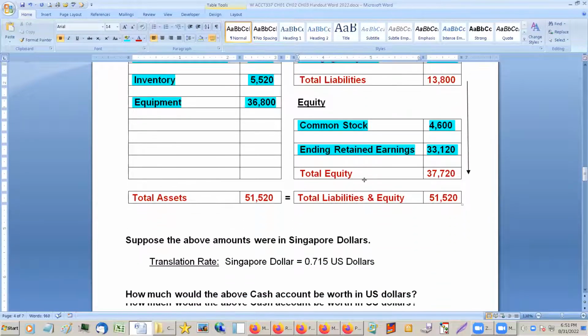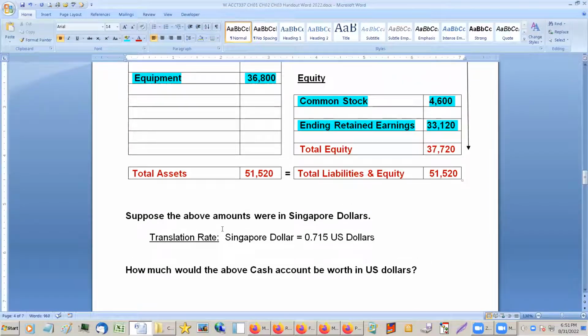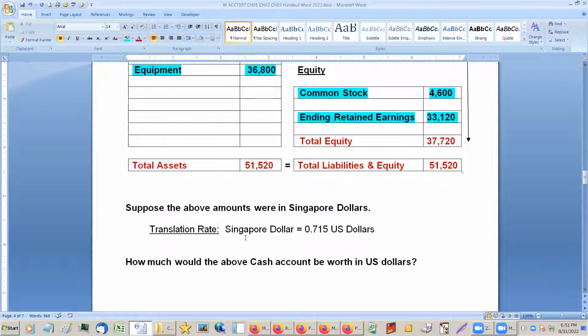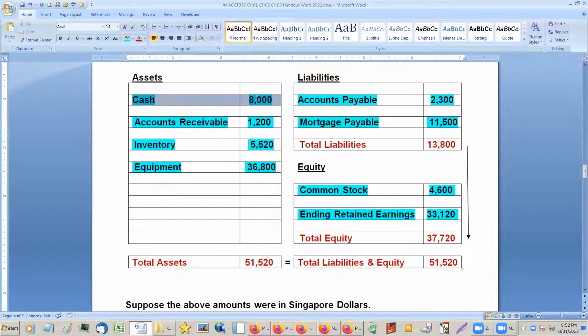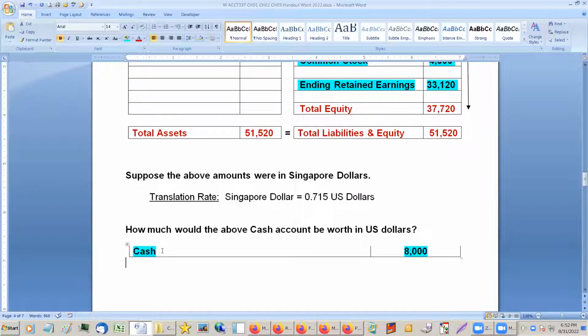But just to give you an idea, coming down here, it says, suppose the above amounts were in Singapore dollars, and Singapore dollars equal 0.715 US dollars. How much would the cash be worth? So if we have this cash here, cash is 8,000 Singapore dollars.